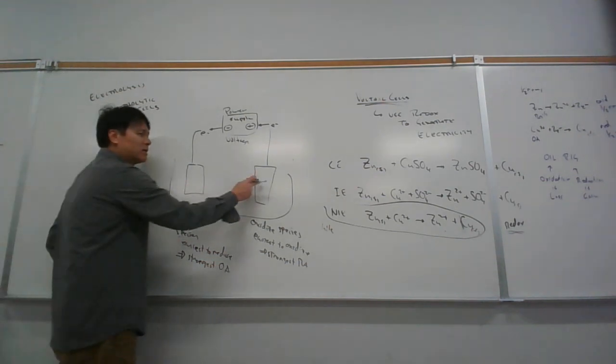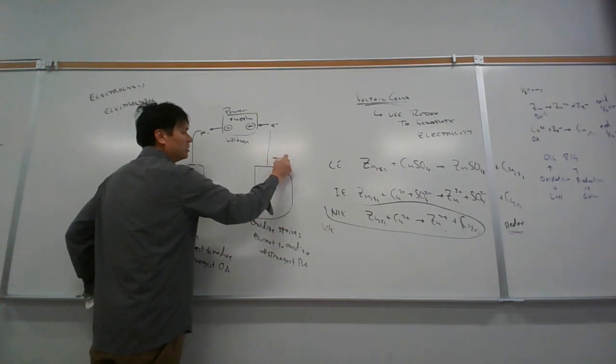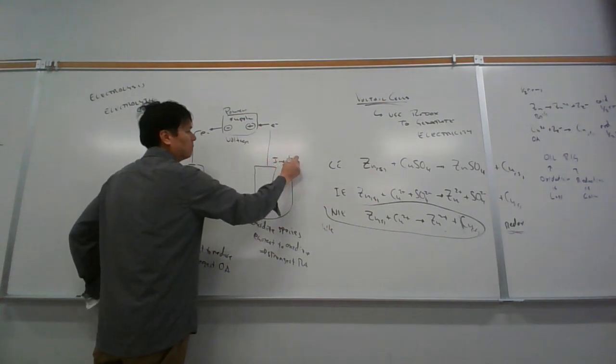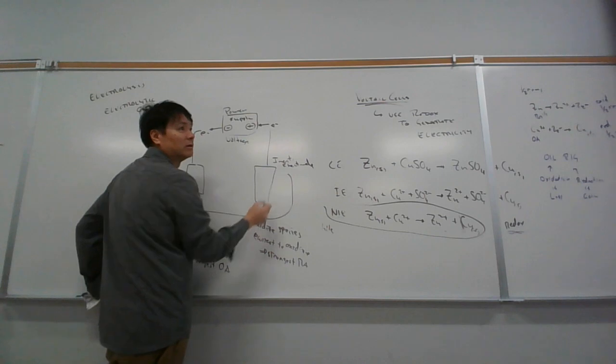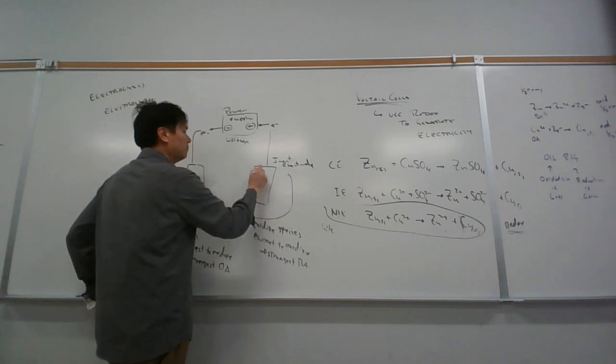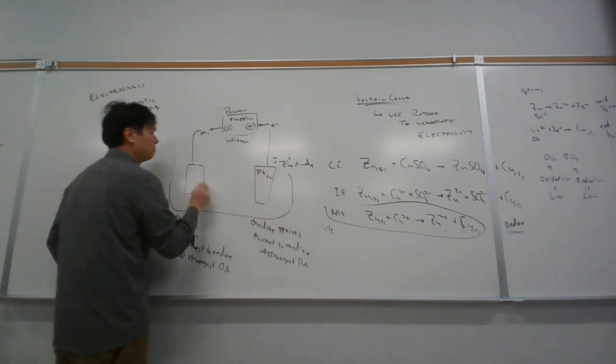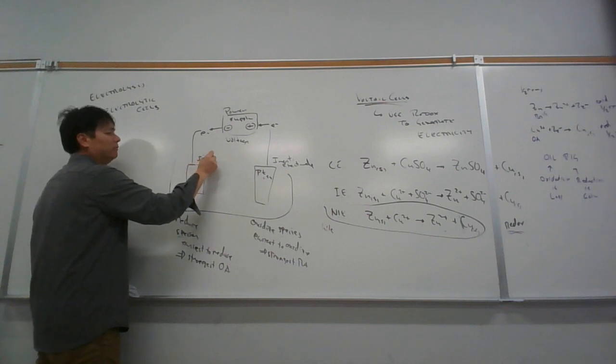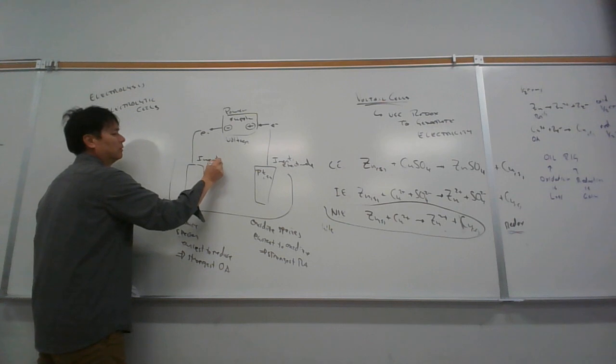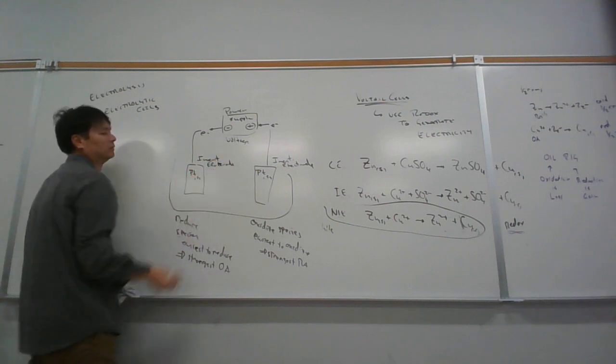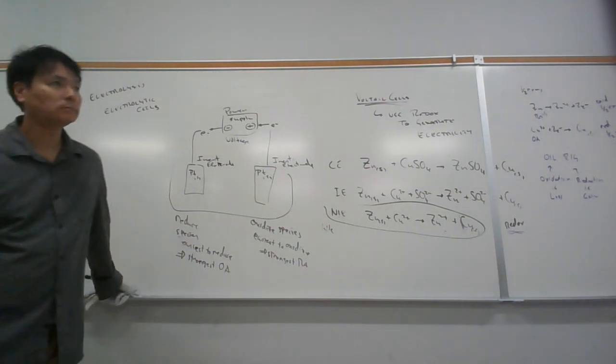Usually we don't want to oxidize the electrodes, so we use inert electrodes for this. The typical inert electrode would be platinum. And over here, we don't really want to reduce our electrode, so we'll just use platinum here.